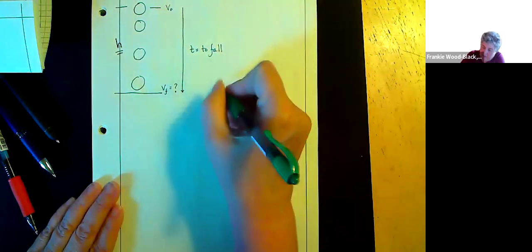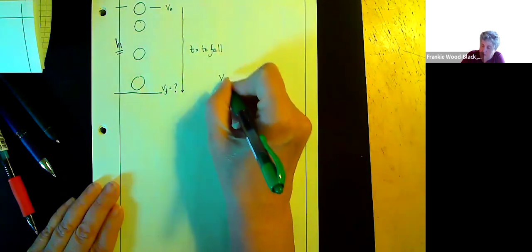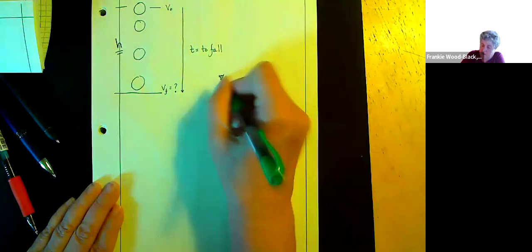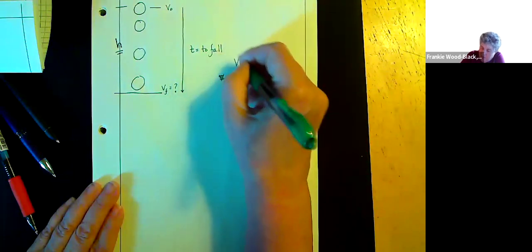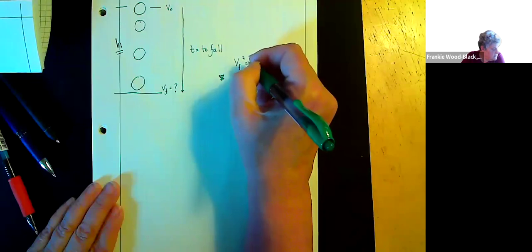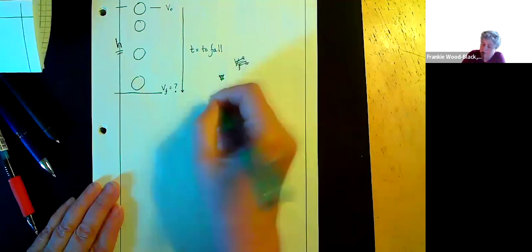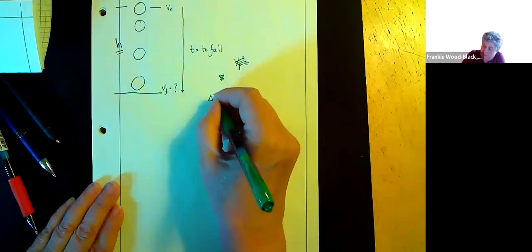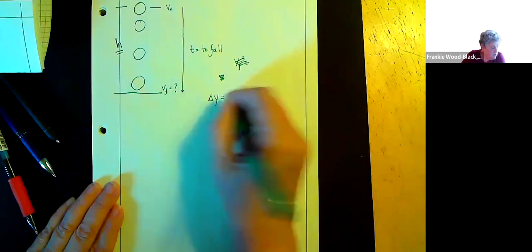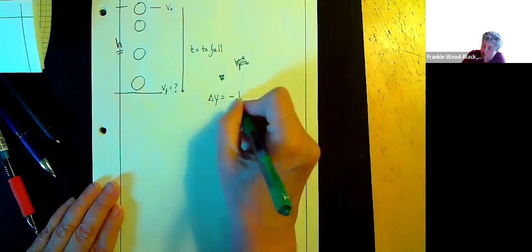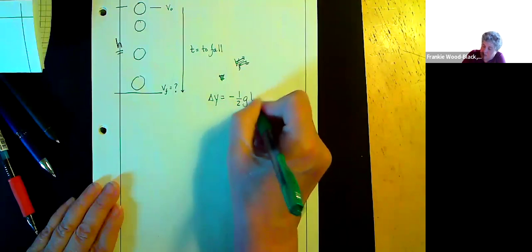So what's going to happen here is I'm going to use V final squared is equal to, is that the one I'm going to use? Nope. I'm going to use the change in Y is equal to minus 1/2 GT squared.